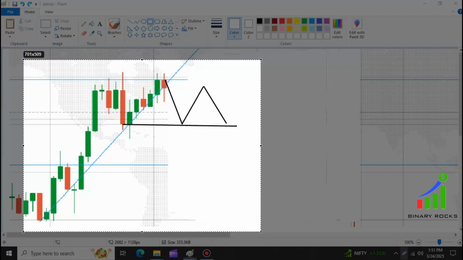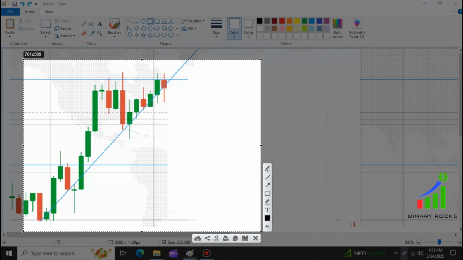Or the market may easily go again like this. Here we can make a buying candle and it will go like this easily. So what is your call now?